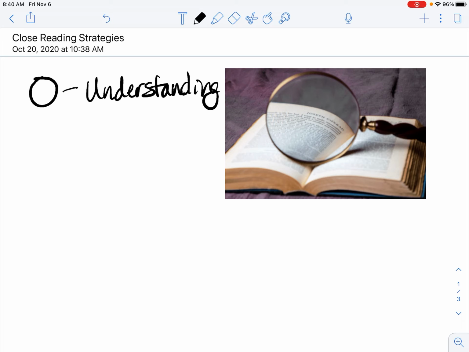So when I'm doing a close reading, that step 0 is me being able to summarize what's going on, what the characters are doing, or what the situation is at hand. To keep in mind, when you do a summary of something, you want to always do it at about 10% of the length of the original.